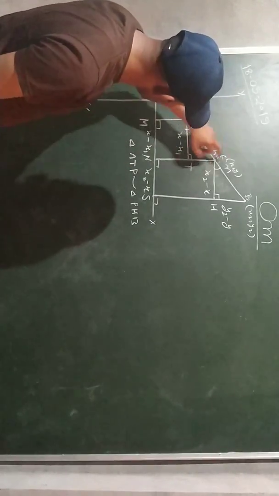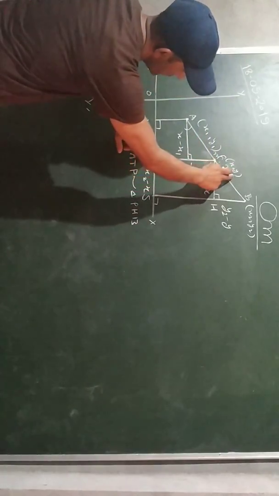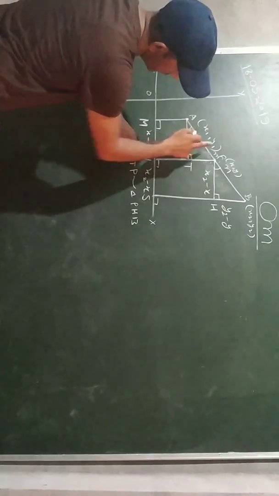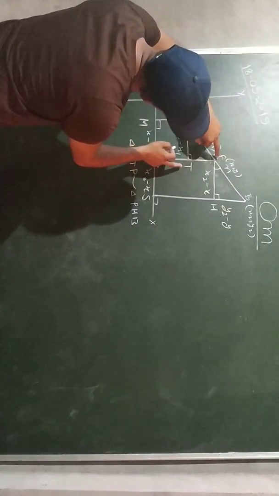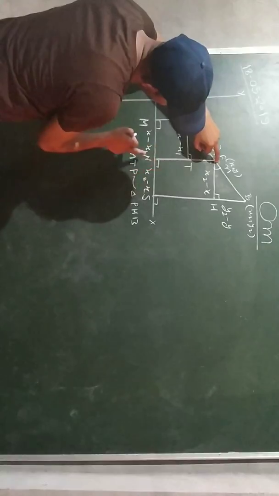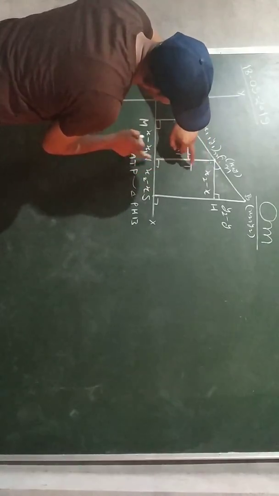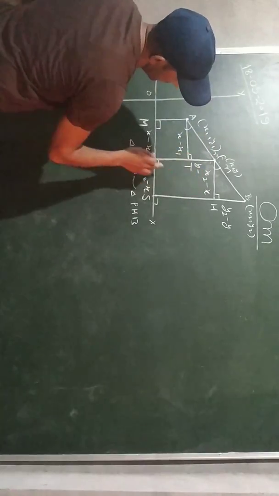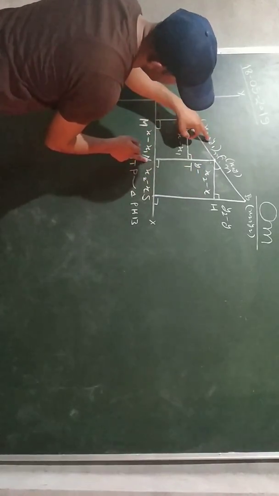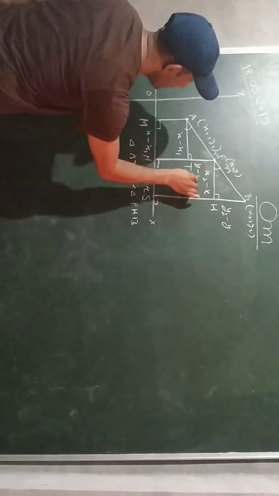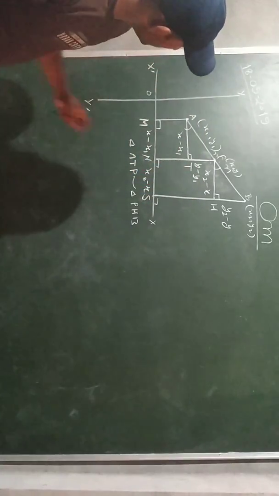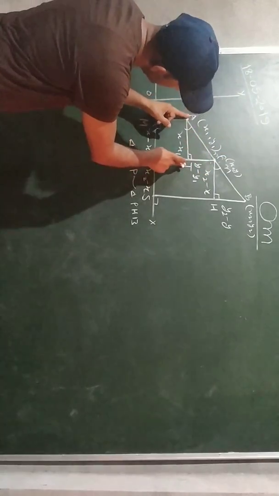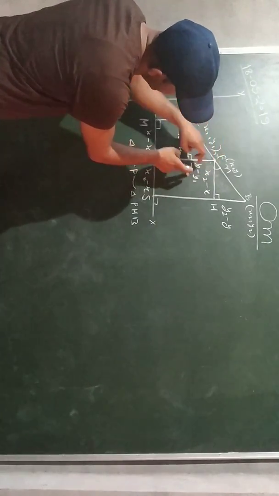PN is equal to y and TN is equal to y1, then PT will be equal to PN minus TN, that is y minus y1. So in triangle ATP, AT is x minus x1 and TP is y minus y1.